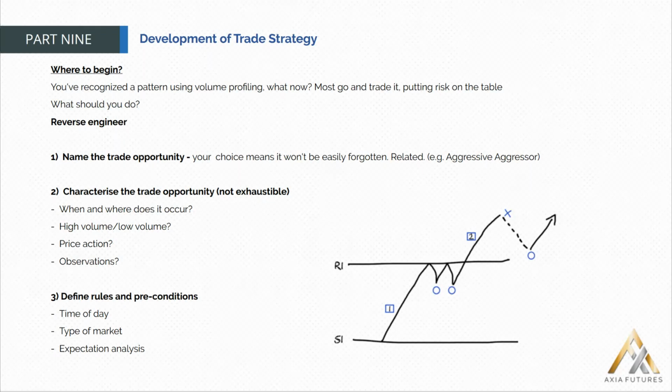So what did I call it? The aggressive aggressor. I learned from something that cost me money, turned it into a strategy, and instead of losing money, now in the same strategy, I started making money. And so I called it the aggressive aggressor. It relates to this trade strategy. Now, once you've named it, you then need to characterize the trade opportunity. This is like storyboarding.